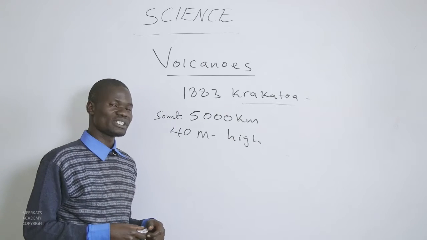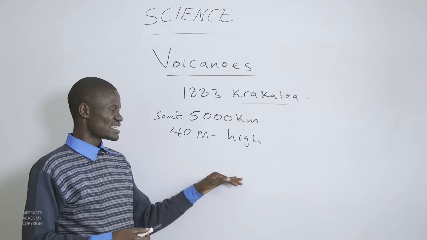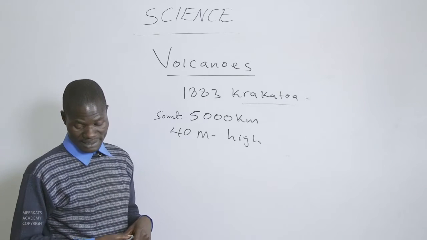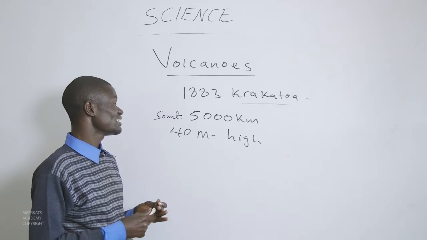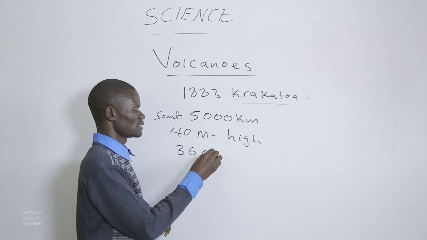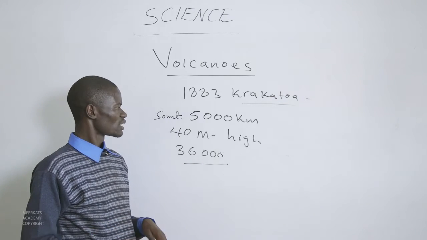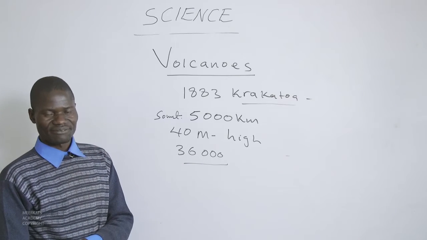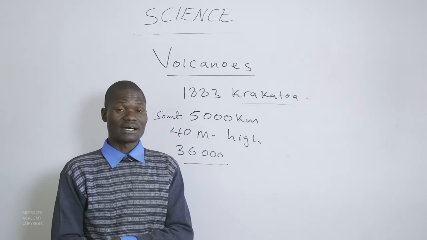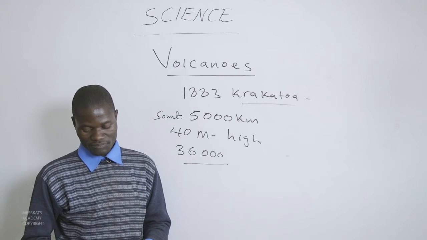This wave traveled a distance of around 16 kilometers, and it killed a lot of people. Around 36,000 people died. This was the most massive eruption that has ever occurred in the world, in recorded history.